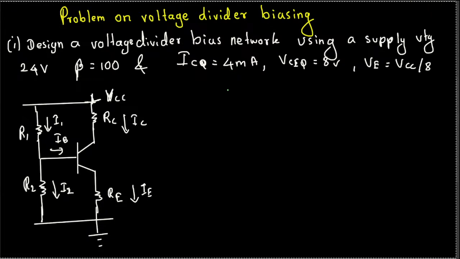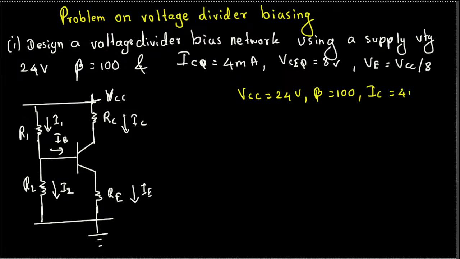Now we start with listing the given parameters. First we have the supply voltage, VCC, which is equal to 24 volts. Beta is given to be 100, and the collector current IC is given to be 4 milliampere.